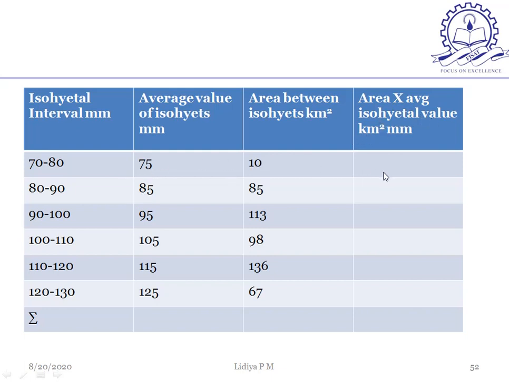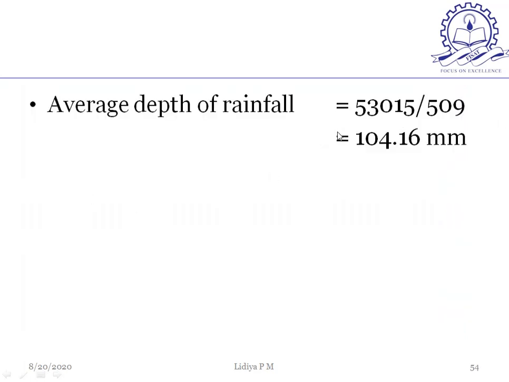Multiply these two values. Then take the total sum of area and the total sum of the product of area into average isohyetal value. You will get it as 53,015. So average depth of rainfall is equal to 53,015 divided by 509. So this is the average depth of rainfall.